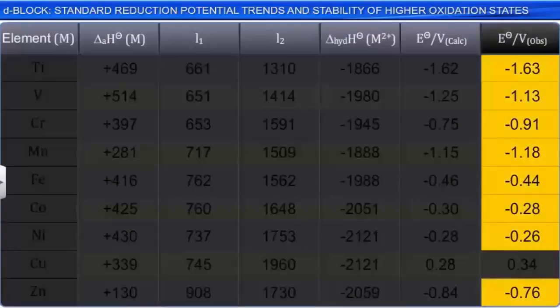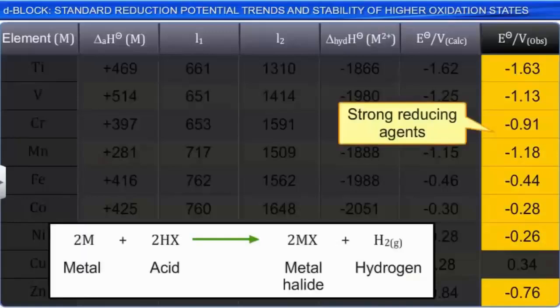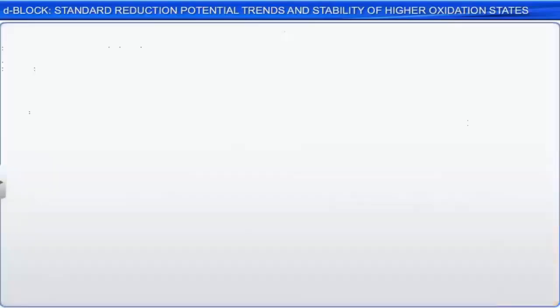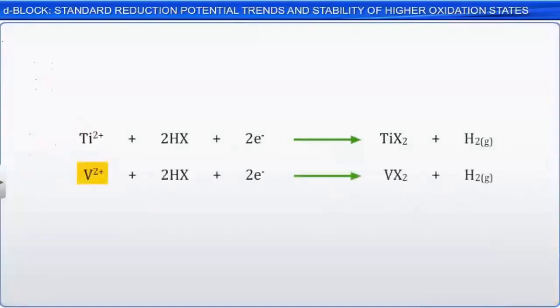For example, titanium(II), vanadium(II), and chromium(II) ions act as strong reducing agents and liberate hydrogen from a dilute acid, as shown in the equations here.